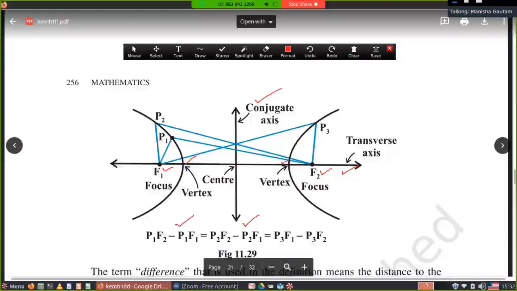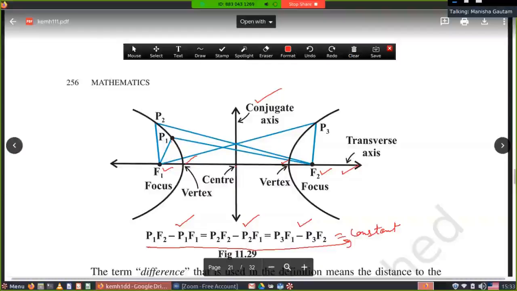Take any point P3 on the curve and get the distances P3F2 and P3F1 and the difference. All these differences are always the same, a constant difference. In the case of an ellipse, the sum of these distances is always constant. In the case of a hyperbola, the difference of the distances is always constant.